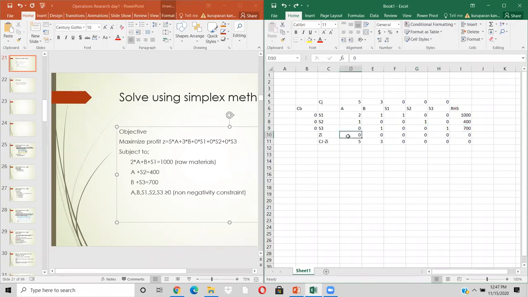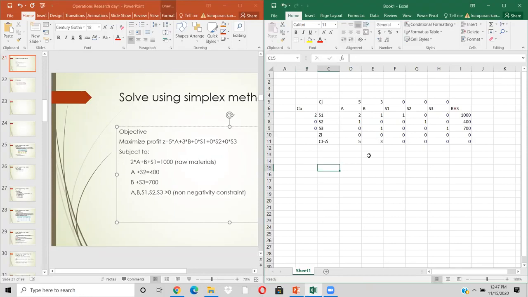How did I calculate this 0? This 0 is calculated by multiplying this 2 by 0, plus this one into this, plus this one into this. For this one, I have to multiply 1 into 0 plus 0 into 0 plus 1 into 0. That addition is 0. Suppose this one is 2, think of it that way.